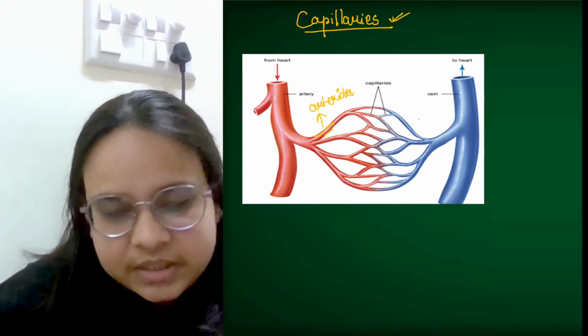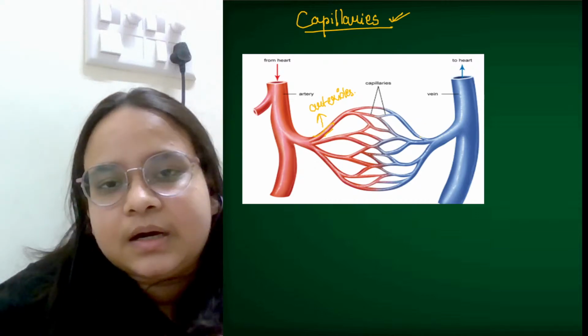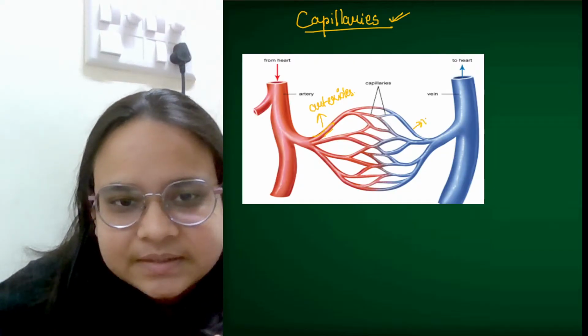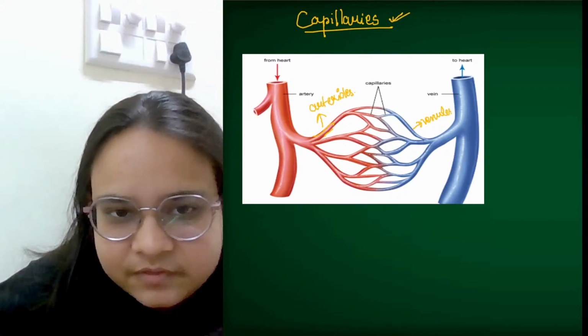Similarly, the veins also get distributed into fine tubes, which we call venules.